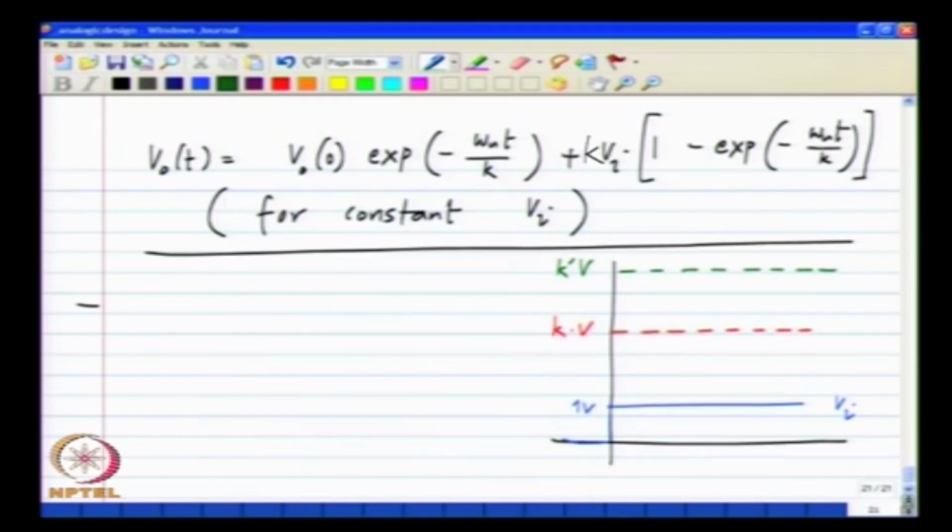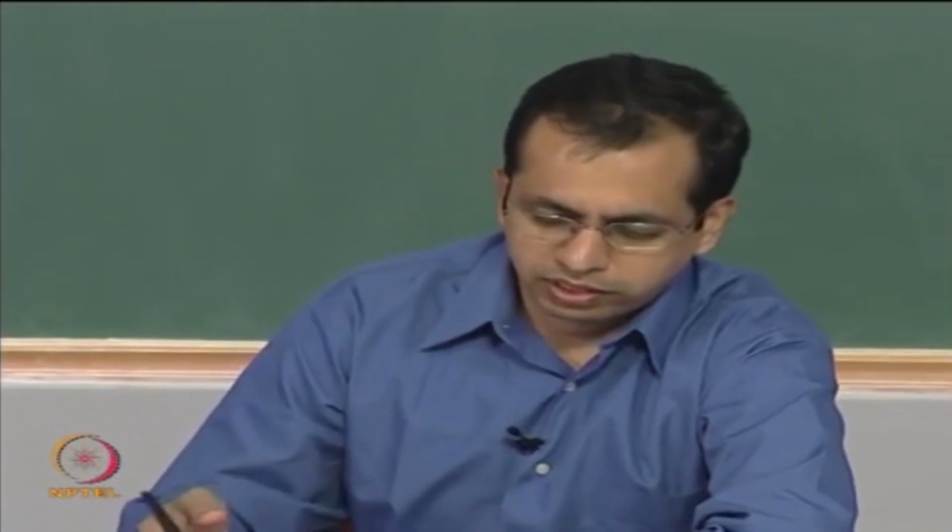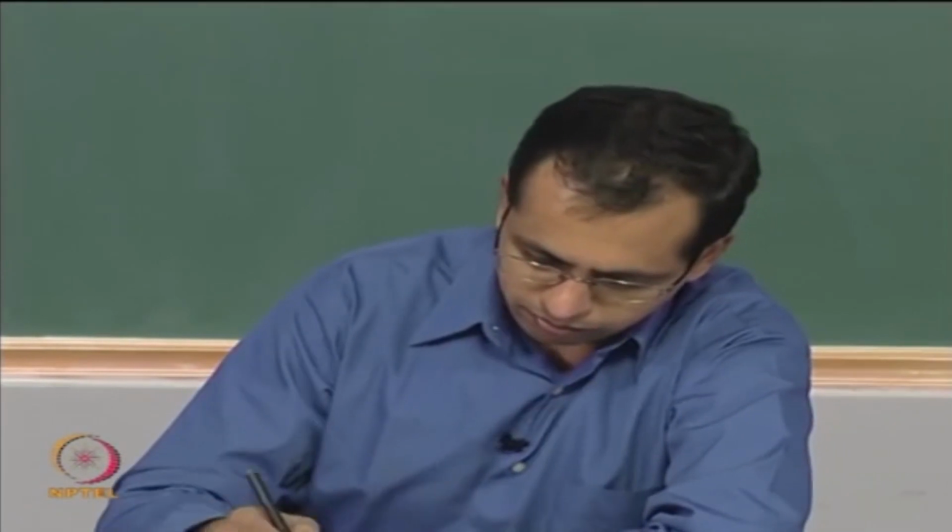Now, the time constant of this system is k by omega u, and you see that as you increase the value of k, that is you try to make an amplifier with a higher gain, the time constant increases. So, let us quickly see why this is the case.